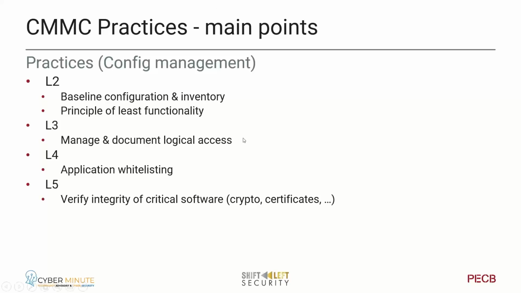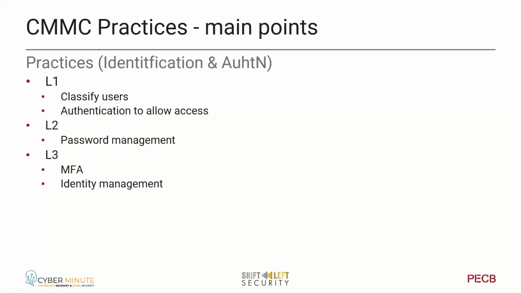Okay, next one, please. So you see we need to speed up a bit because we have like 13 minutes, but another one, identify and classify users, require authentication to allow access. Sometimes these practices, if you're in the security world, you think, well, this is very obvious, but you need to consider that there are so many organizations out there that still need to implement a lot of security.